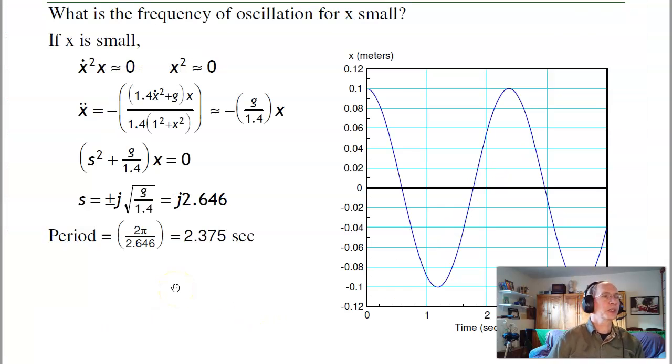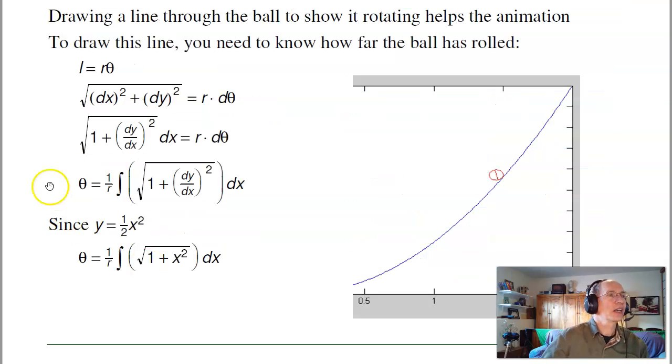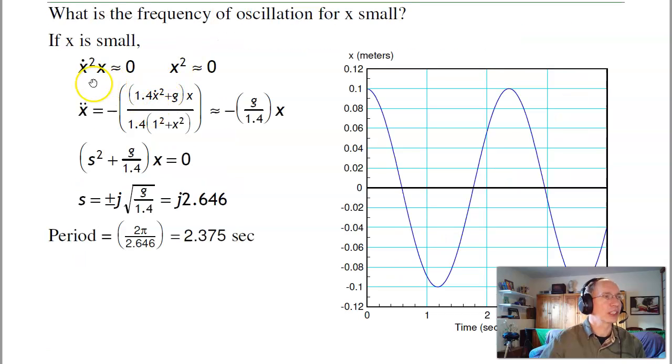So here's a question for you. It's rolling back and forth. What is the frequency of oscillation? Well, that's where you get into small signal models. If I linearize about zero, if x is small, x dot is small, then x dot squared x is really, really small. It's about 0. Again, if x is small, x squared is really small. Again, about 0.